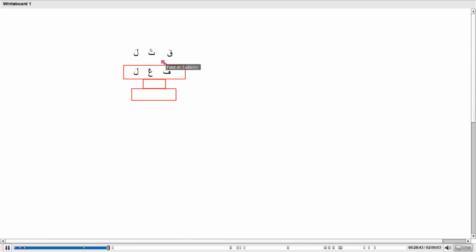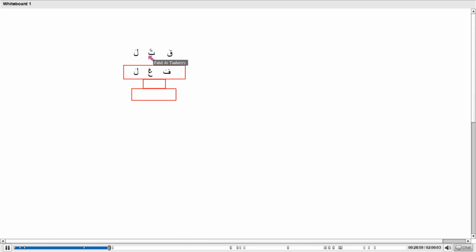Understand? Because there's a fatha over this small w, this means that the second identical letter has a fatha.